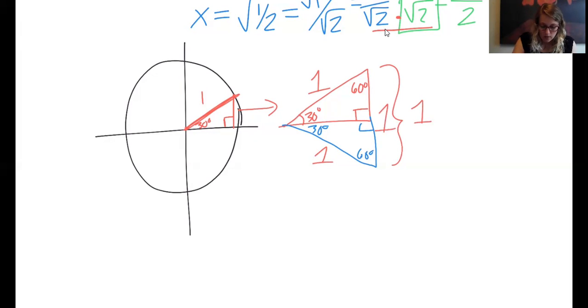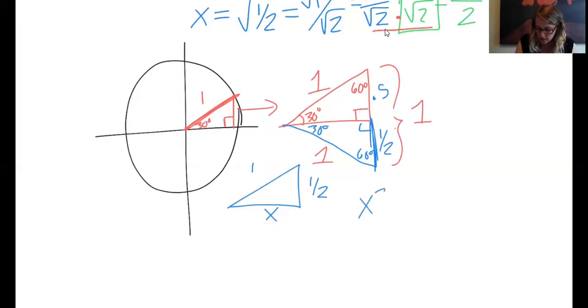And so if I wanted to find just this half, this would actually be 0.5, or I could say 1/2, that might be better. Okay, so I have my triangle. This is 1, this is a half, and I need to know what this is.